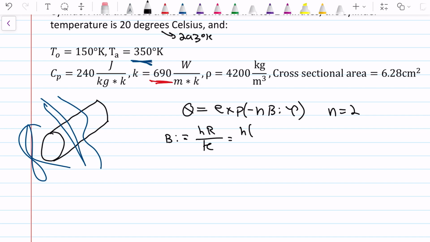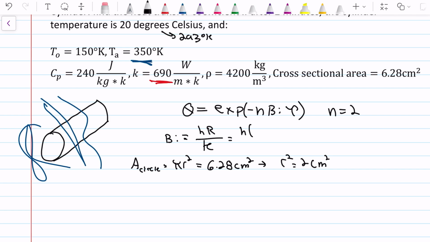So we know that the area of a circle is pi r squared, and this equals 6.28 centimeters squared. So radius squared equals 6.28 divided by pi, which is 2 centimeters squared.